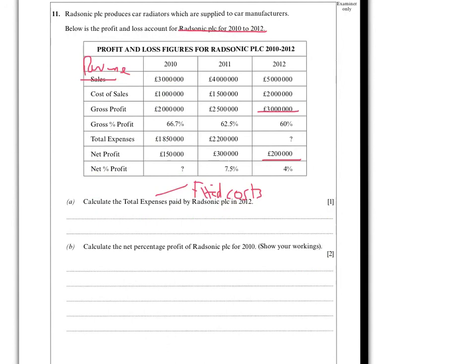So all you'd have to do is 3 million take away 200,000. And the answer is, I don't know why I needed to put that on the calculator, but I did. That is 2.8 million.